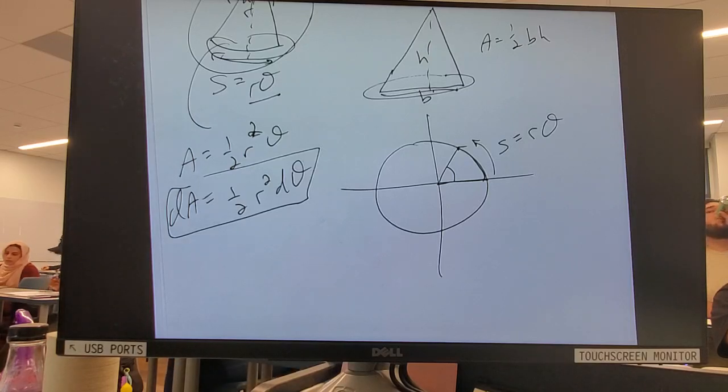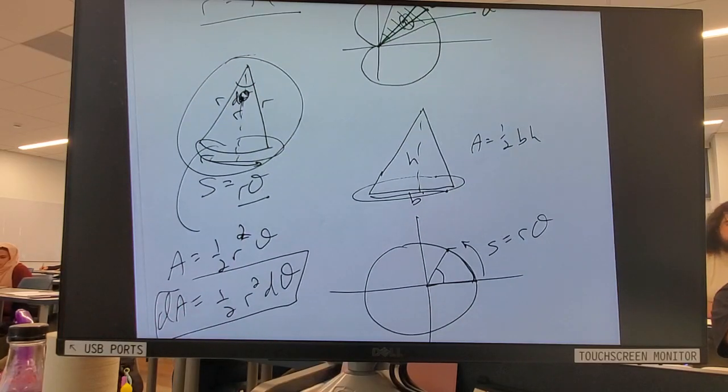What is the height of this piece? How tall is it? R, because that's the center, that's the outside, that's R, yes? And what's the length of the base? R theta. So what is the area? 1/2 R theta times R, better known as 1/2 R squared theta.